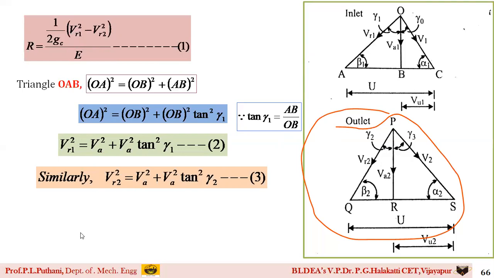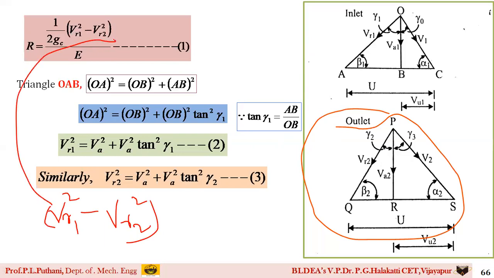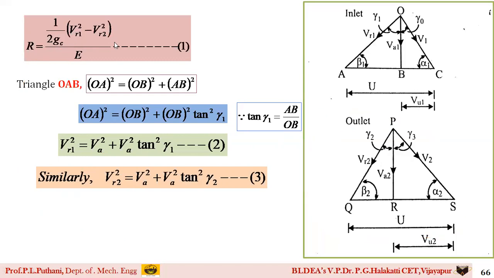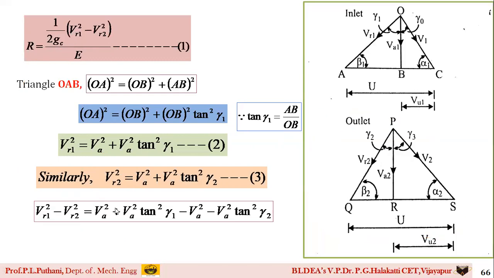Then what I will do now is subtract VR1 square minus VR2 square, which means I will get the value of this particular term. So therefore, VR1 square minus VR2 square is equal to, these are the terms which are remaining.